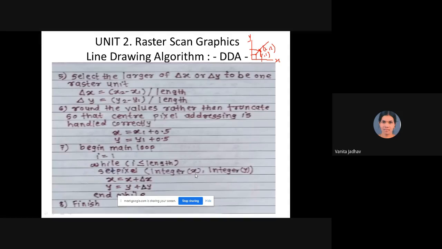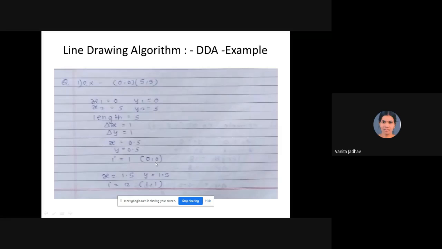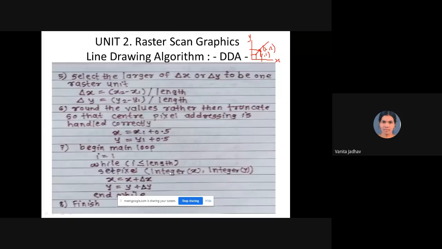So it returns 0. Integer of 0.5 returns 0. So that's why we are plotting the first pixel as 0, 0. Okay. So here set pixel integer of x, integer of y.